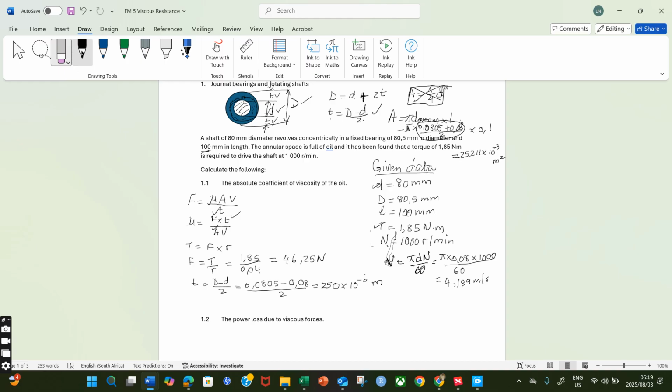Now we've calculated all the information we need to find the absolute coefficient of viscosity. So we go back there and substitute.